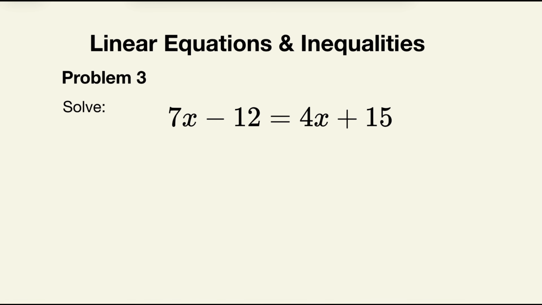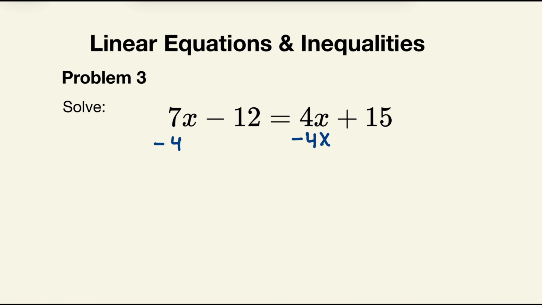Here's problem number 3. So first of all, we have to solve this equation. The first thing I notice is that we have variables on both sides. So move the variables to one side. So on the right, I have 4x. I'm going to move that 4x to the left side by subtracting 4x from both the right and the left.